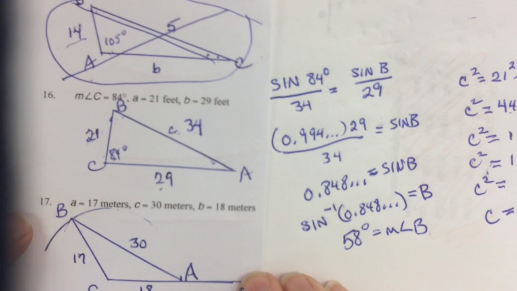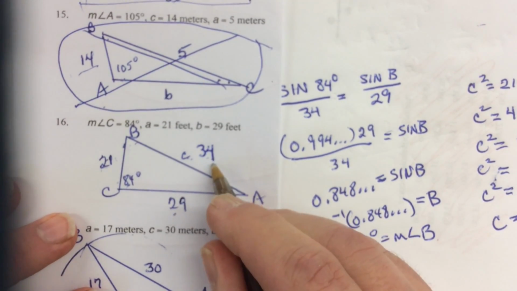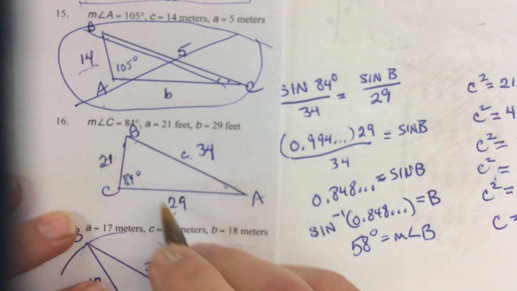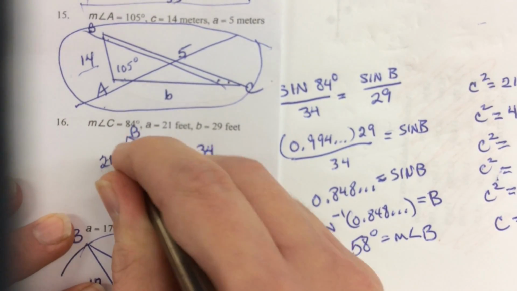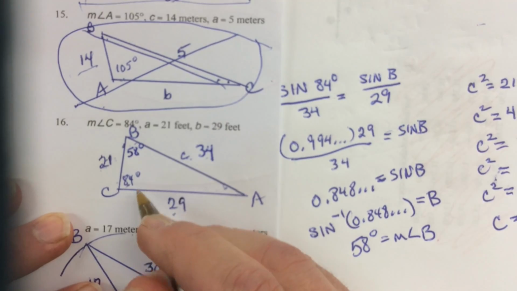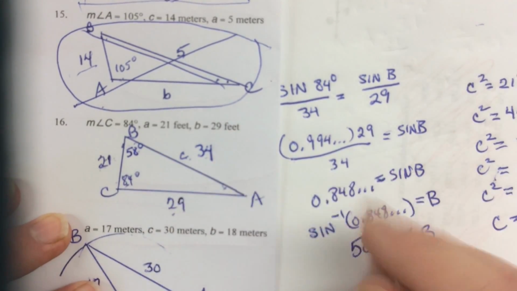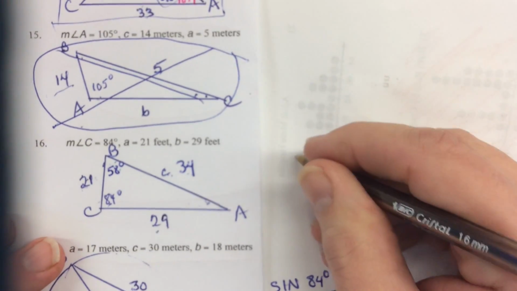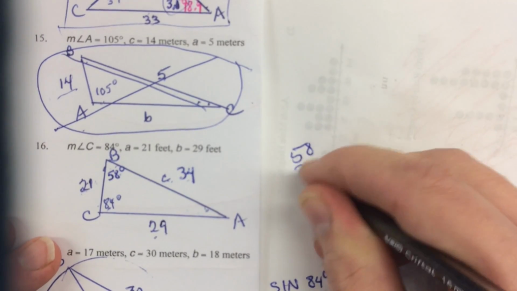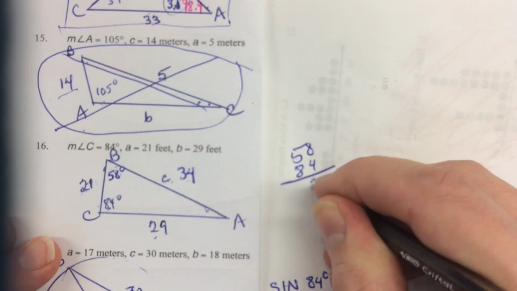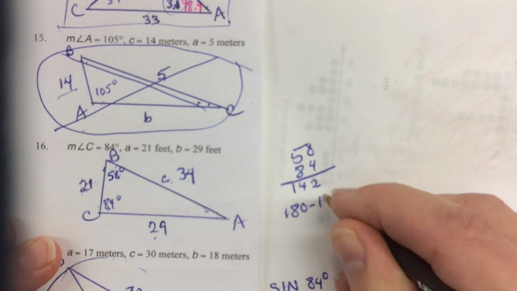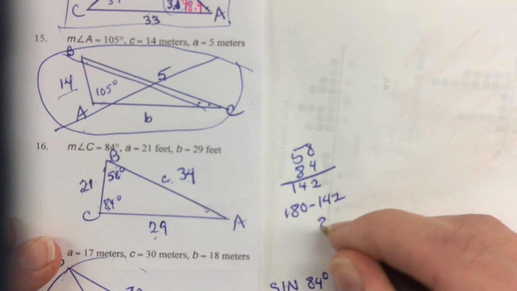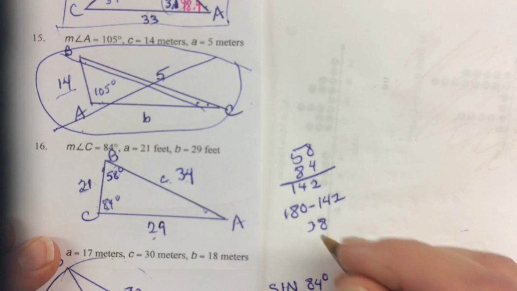Let's see if that makes sense. Well, this could be 34. These two sides obviously have to be smaller. This could be 58 degrees. And if that happened, then 58 plus 84 is 142, and 180 minus 142 is 38 degrees.